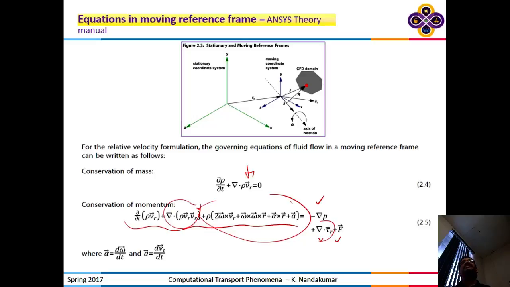The same machinery of discretization and solving will work in a moving reference frame. So that's the idea behind the moving reference frame, to make the problem simpler. Any choice of coordinate is to make the problem appear simple in that coordinate frame. And this works when you have rotating machinery typically. Any questions on that?